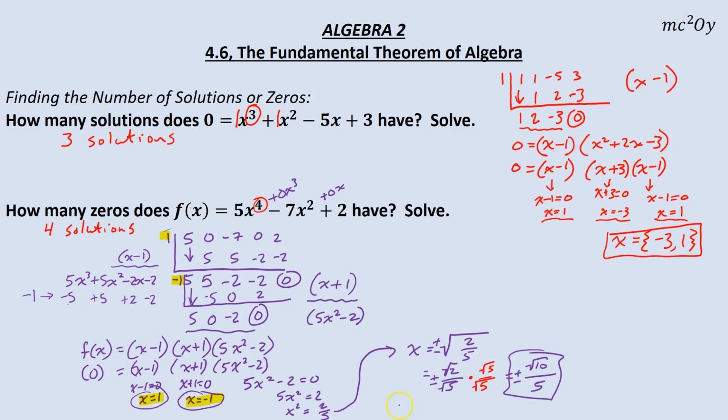So I'd write my solutions as x equals positive and negative 1 and positive and negative root 10 over 5. There we've got it.